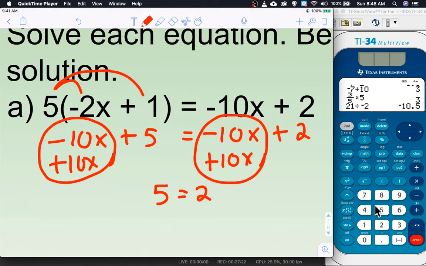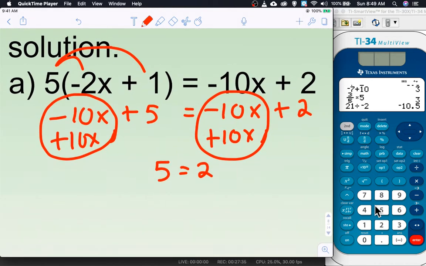Now there are two different types of, I call them special solutions, two different types of special solutions you can get once your variable completely cancels out like we have here. You can get an answer of all real numbers.